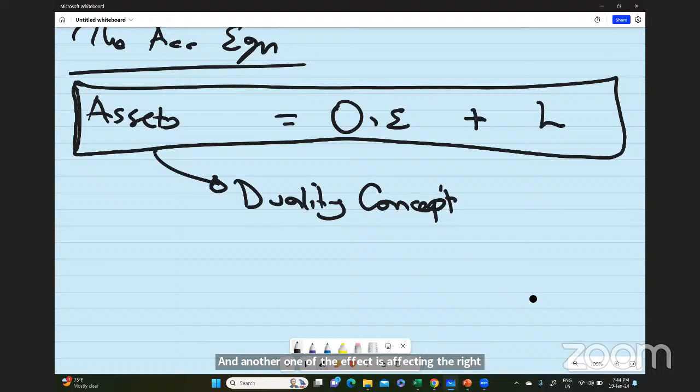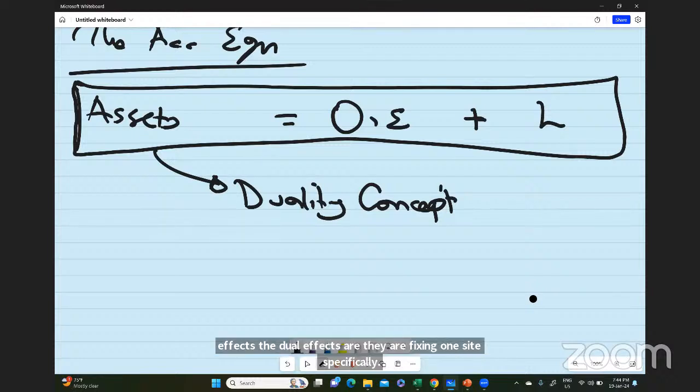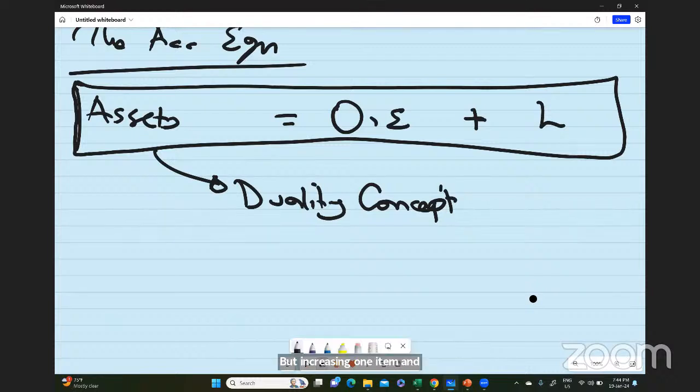Or both the dual effects are affecting one side specifically, increasing one item and reducing another item. That's how it works. A transaction can come and its dual effect is affecting only one side.